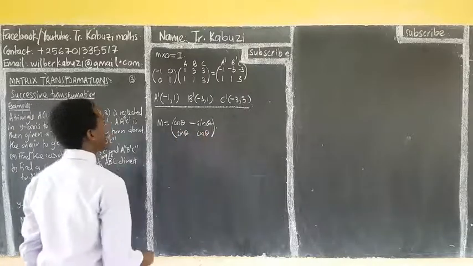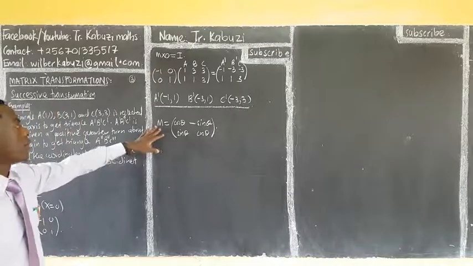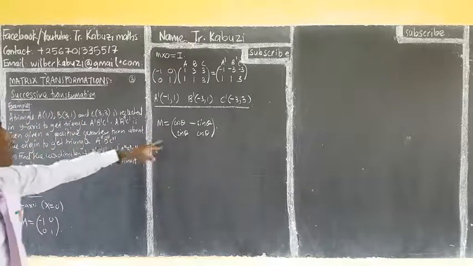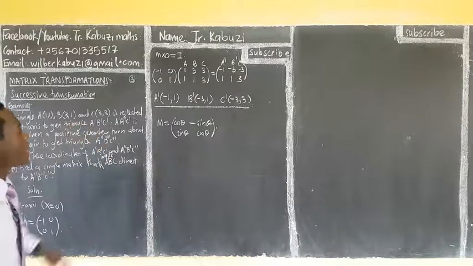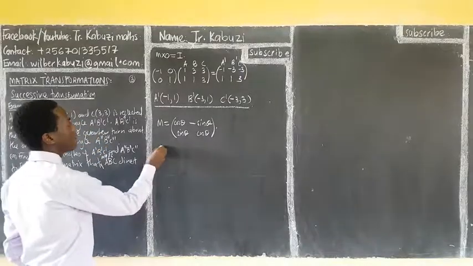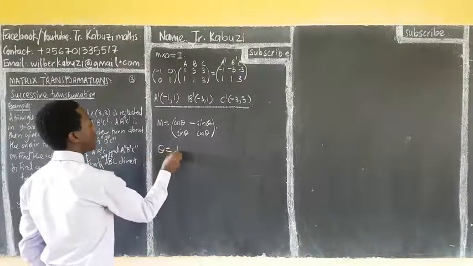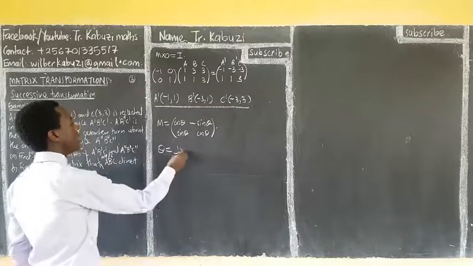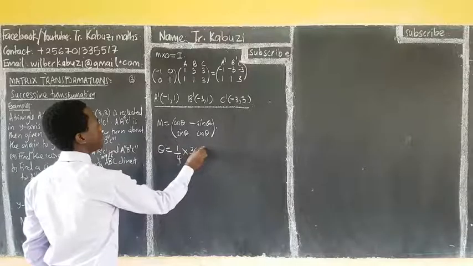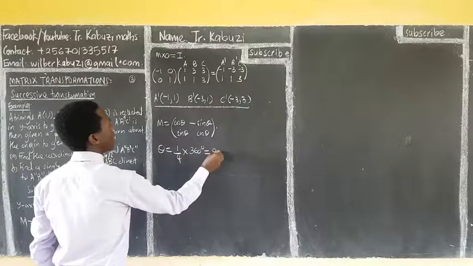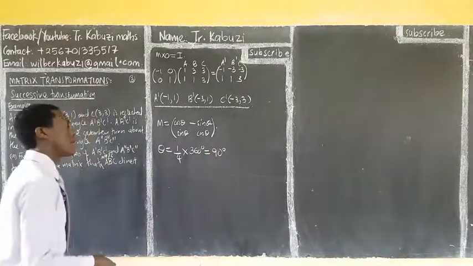So we need our angle, theta, the angle of rotation. It's a positive quarter turn, so our theta is going to be a quarter times the turn, which has 360 degrees. So our theta is 90 degrees.